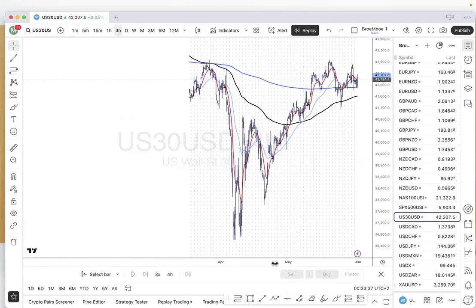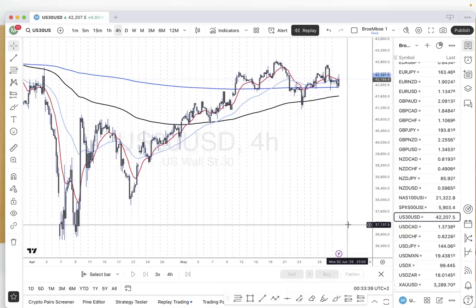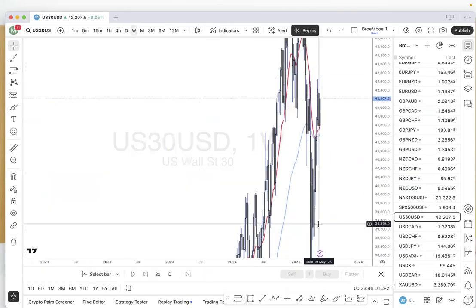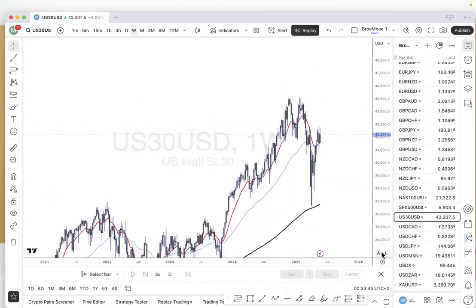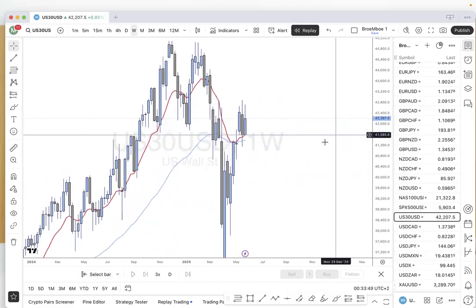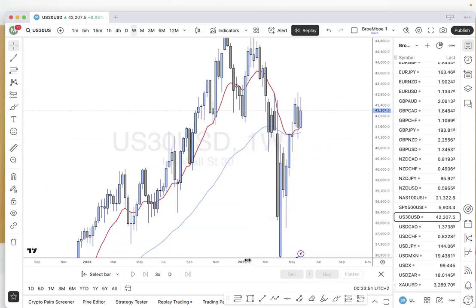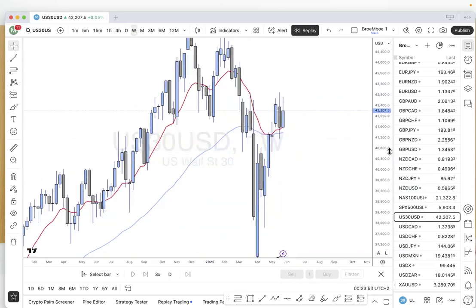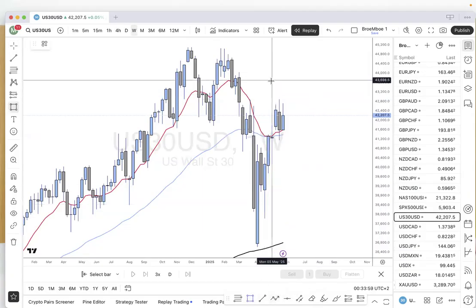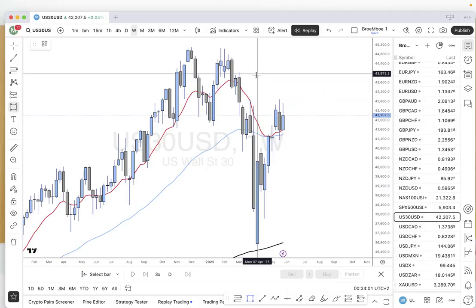All right, let's look at this pair. To be honest, I don't really trade these pairs. But I see two things here.